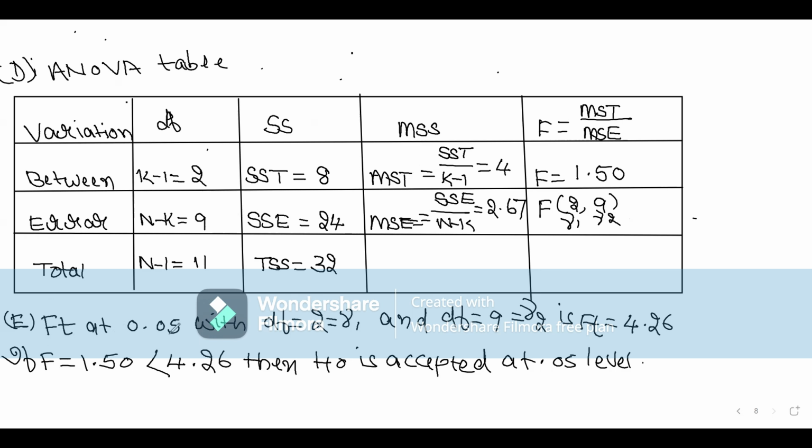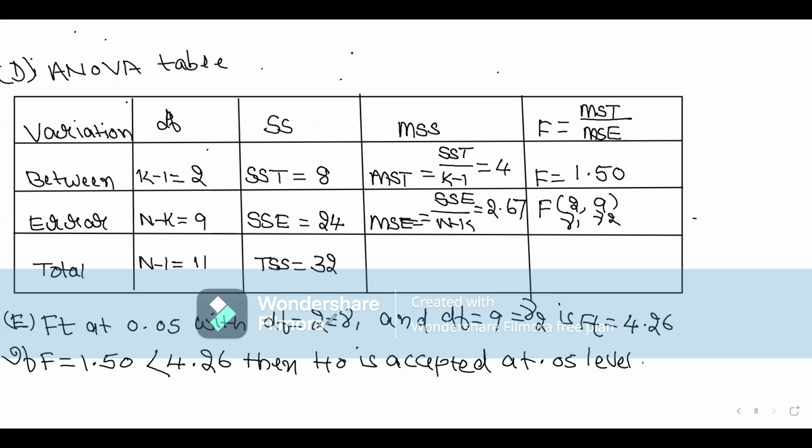While looking at the table, these values are necessary. Open the F table at 0.05, means the 5% table, with the degrees of freedom: DF equal to 2, means mu1 equal to 2, and degrees of freedom 9, mu2 equal to 9.